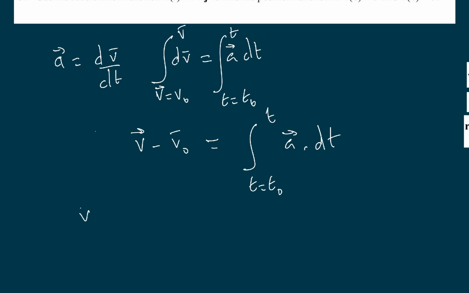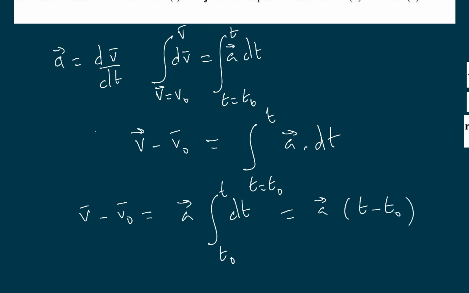So I will have v minus v0 equal the vector a times the integral of dt from t0 to t. So this will be the vector a multiplied by t minus t0. So what will be the vector velocity? The vector velocity will be v0, the initial vector velocity, plus the vector acceleration multiplied by t minus t0.